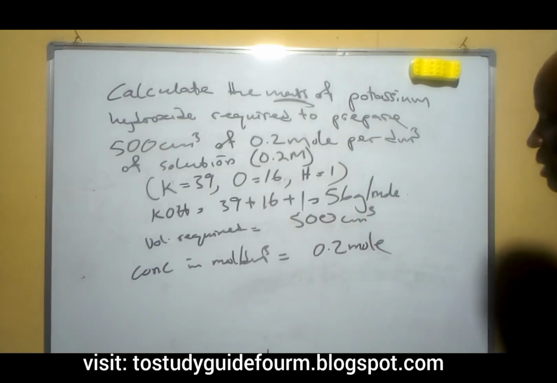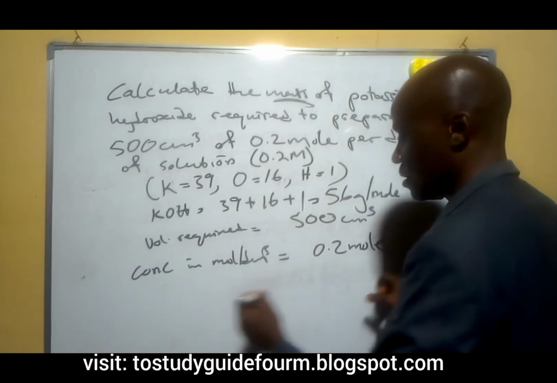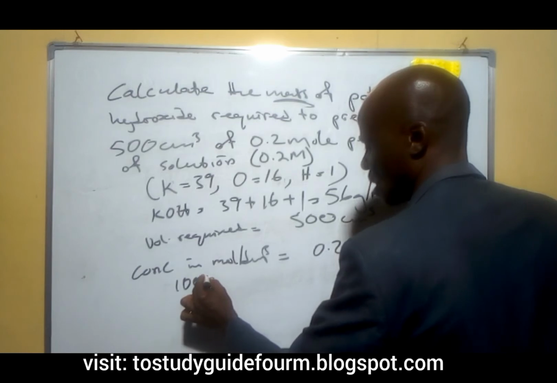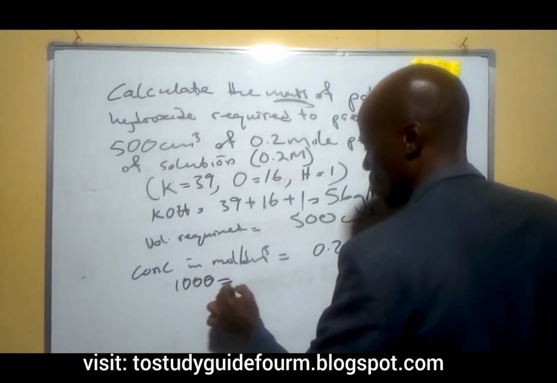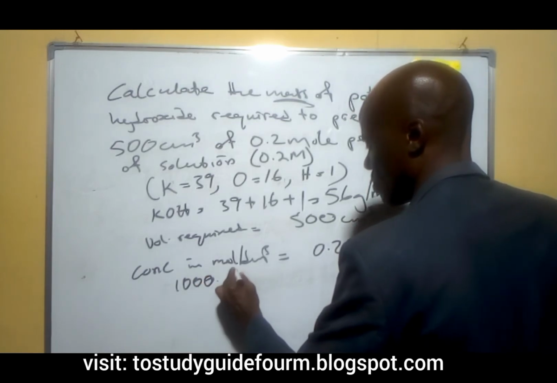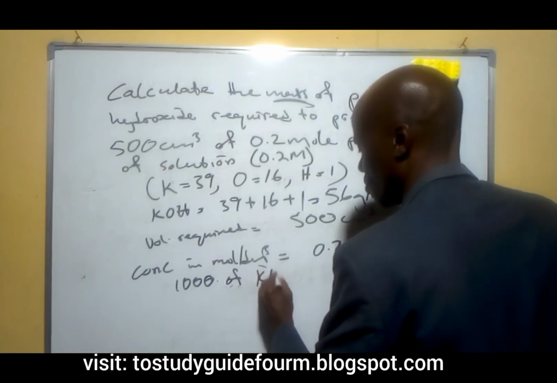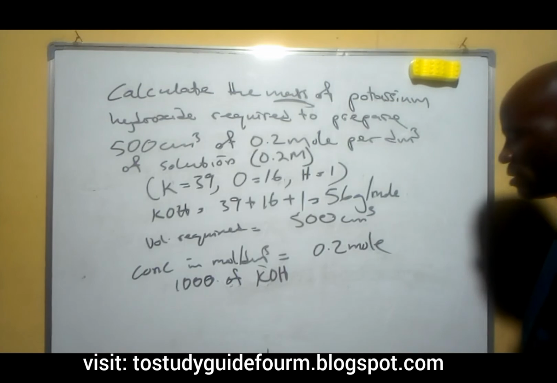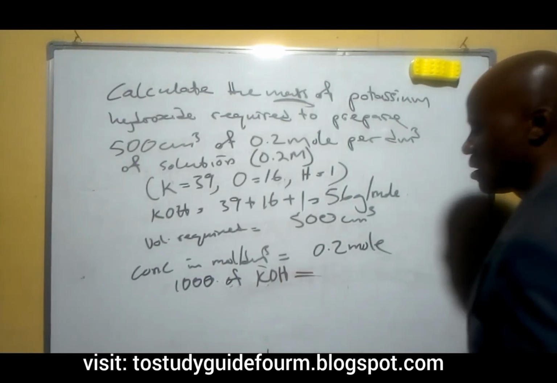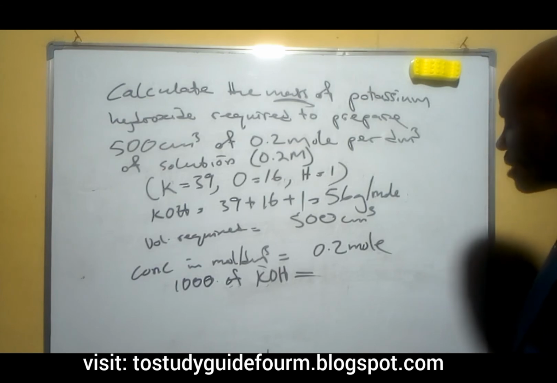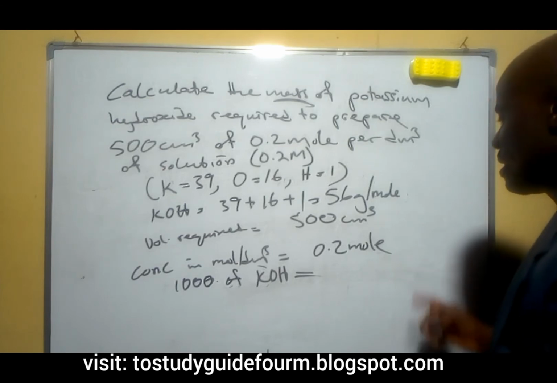So what it means here is that 1000 cm cube of potassium hydroxide contains, now we're going to convert it to mass, because we are looking for the mass.